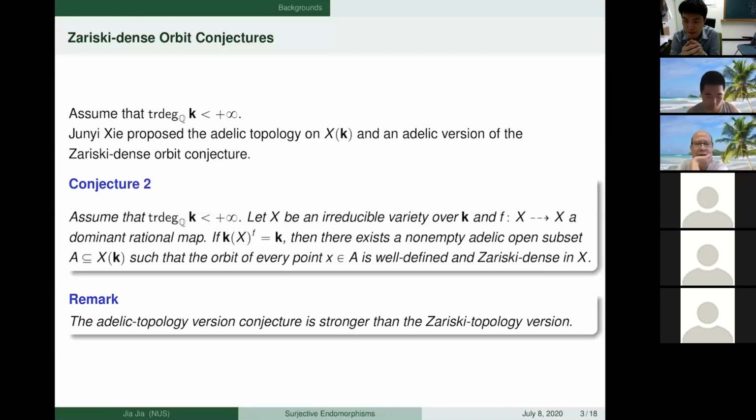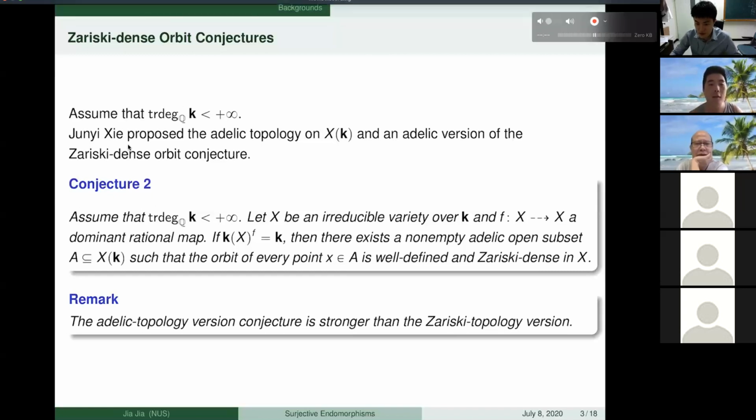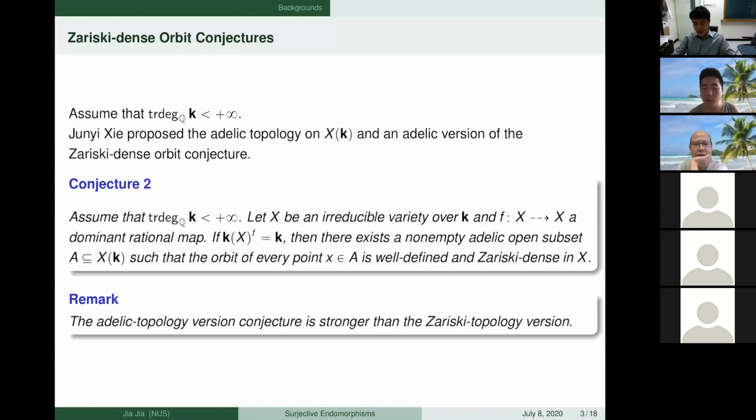Yeah, on P1, you mean it has more open sets than the Zariski? Yeah. So even for P1, it has more open sets. So it means its open set can be P1 minus countably many finite points. Is that true? Yes. Okay.